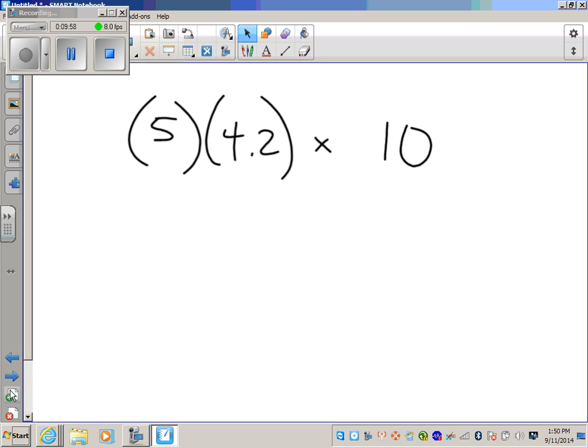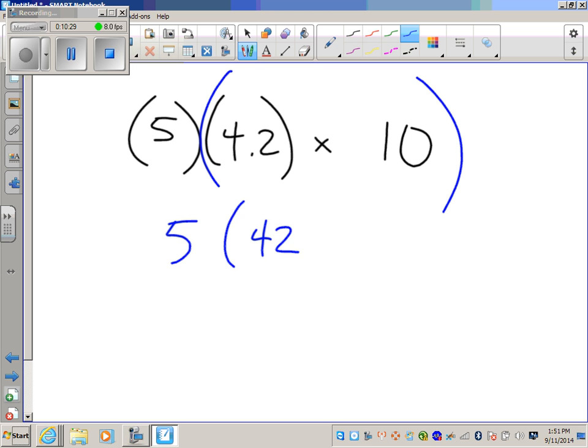There's an easier way than taking 5 times 4.2. You're multiplying by a 10, which means if you follow the pattern we've been using, your decimal somewhere is going to move how many places into what direction? One to the right. So if I focus instead on multiplying those two first, I will get 5 times 42. 5 times 40 is what?